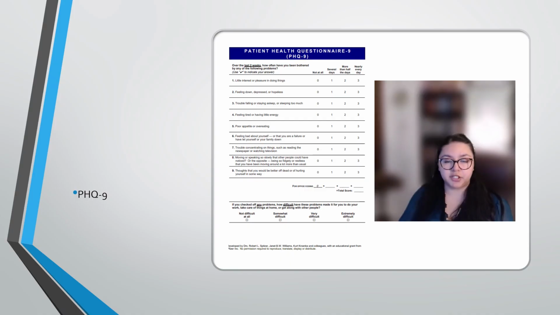This is the PHQ-9. We have the mental health assessment here. You may have seen this before, seen in the doctor's office. This has 9 questions. So, for example, little interest or pleasure in doing things. The options are not at all, several days, more than half the days, or nearly every day, right? And remember, the diagnostic criteria is nearly every day for most of the days.